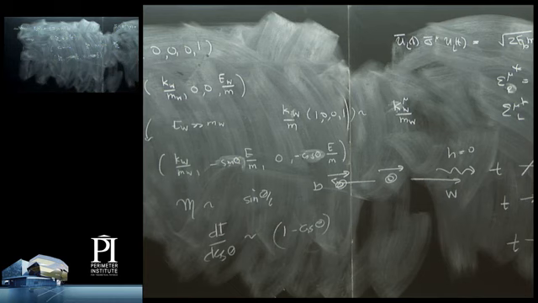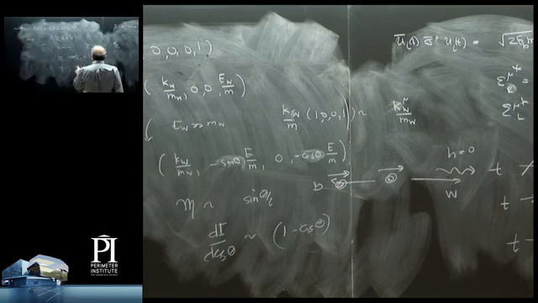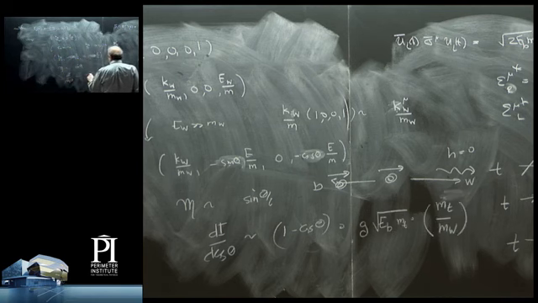Good. Okay, now let's dot this momentum into this one. And you can see you get cosine, sine, cosine, sine. Everything works out that the amplitude is proportional to sine theta over 2, or d gamma d cosine theta is proportional to 1 minus cosine theta.